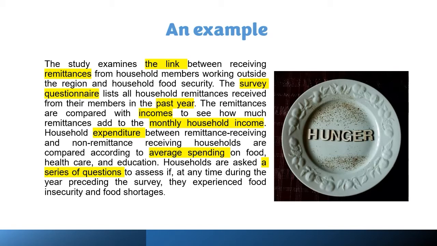The remittances are compared with incomes, quantitative, to see how much remittances add to the monthly household income. Household expenditure between remittance receiving and non-remittance receiving households are compared according to average spending on food, healthcare, and education. Households are asked a series of questions to assess if at any time during the year preceding the survey they experienced food insecurity and food shortages. Here the person used all the right words to show quantification.